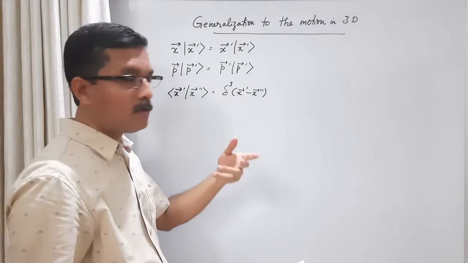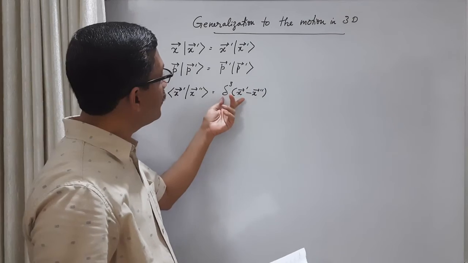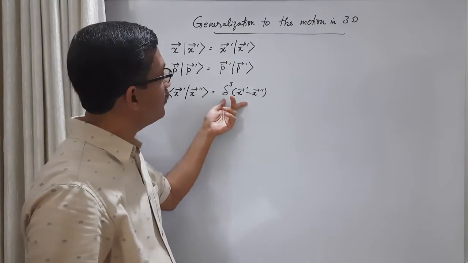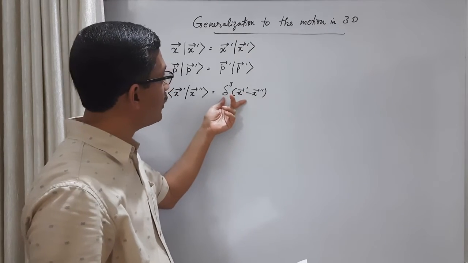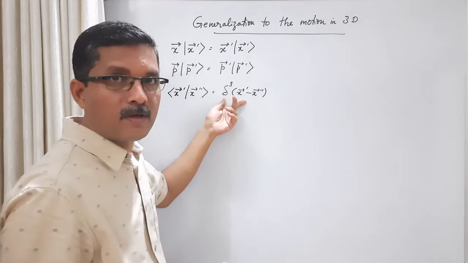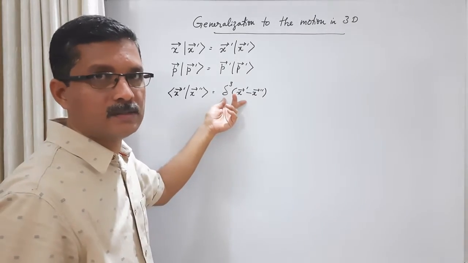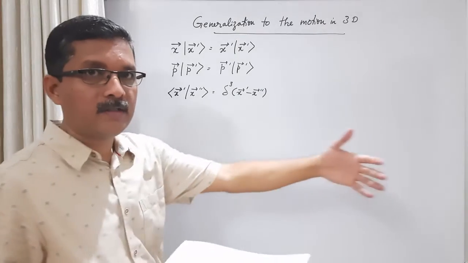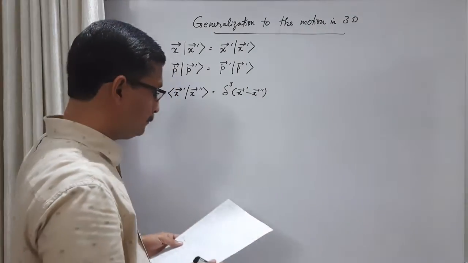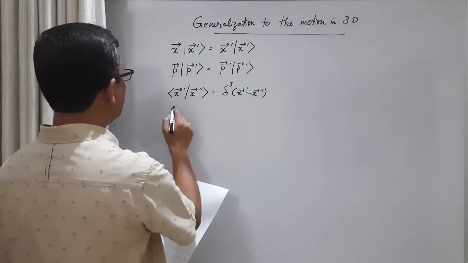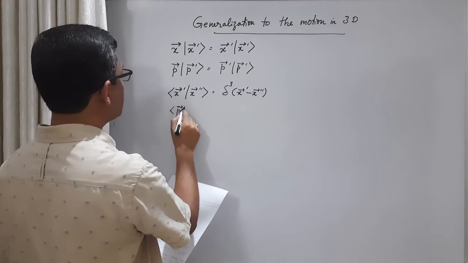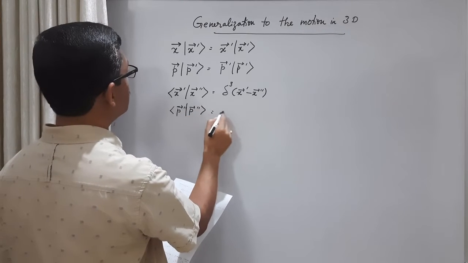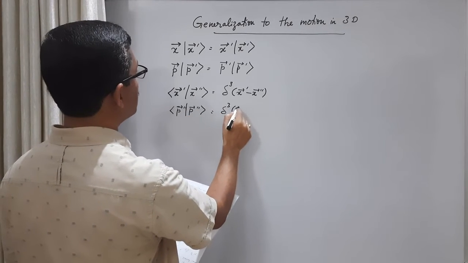In Cartesian coordinates, this is the product of three Dirac delta functions: delta x prime minus x double prime, into delta y prime minus y double prime, into delta z prime minus z double prime. So this is a shorthand notation for writing it out completely. And similarly for momentum eigenkets, bra p prime, ket p double prime equals a three-dimensional delta function.